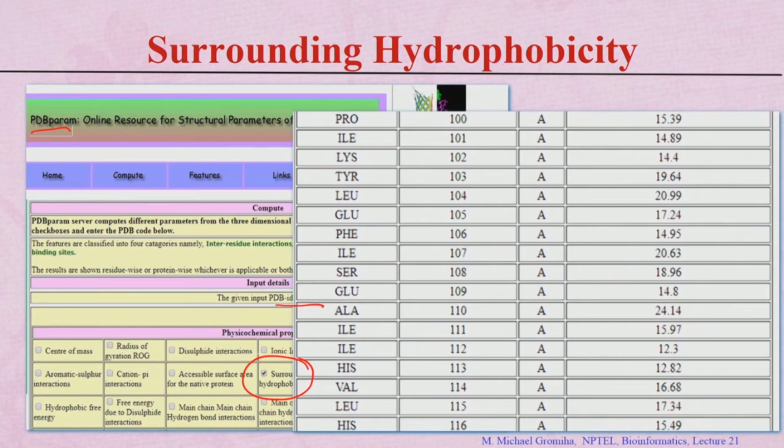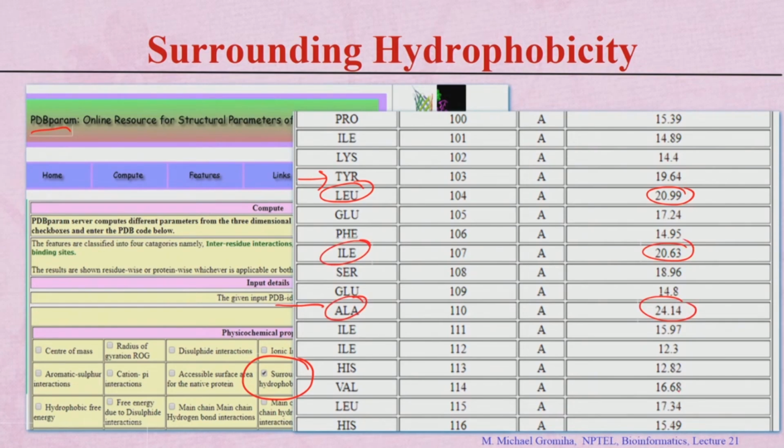For example, what is the hydrophobicity of tyrosine 103? 19.64. If you look at these surrounding hydrophobicity values, some residues are high in surrounding hydrophobicity and some are low. Can you find some of the residues which are very high in surrounding hydrophobicity? For example, if you put a range of 20 kcal per mole, leucine is more, and you can see isoleucine and alanine.